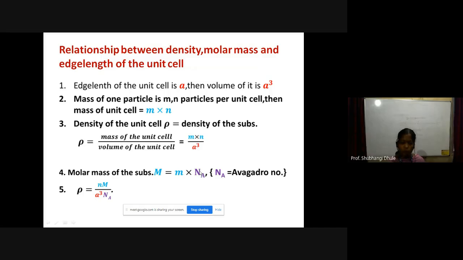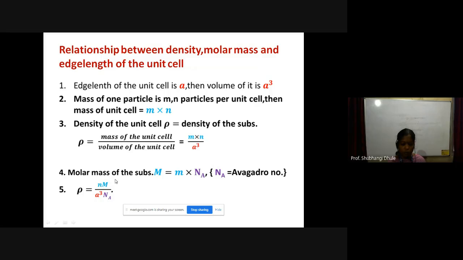So molar mass is nothing but the mass of Avogadro's number of particles. If you want to know the mass of one particle, that is small m, it is simply the molar mass divided by Avogadro's number.